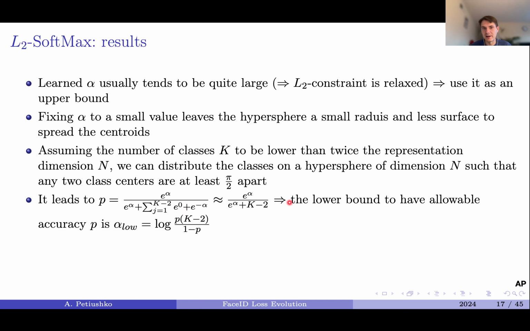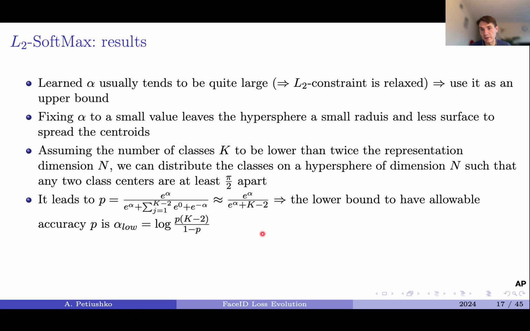But as I said, at least two classes would have this angle of pi, and the cosine of pi is minus 1. That's why minus alpha. So we can omit this term, and this is approximately equal to e to the power alpha over e to the power alpha plus k minus 2.